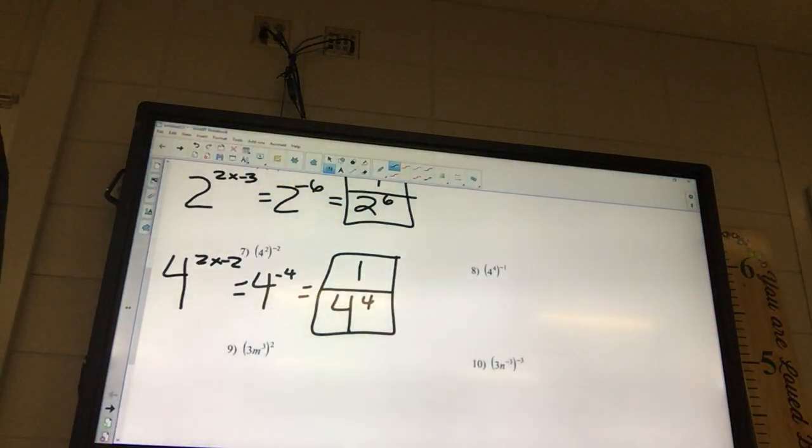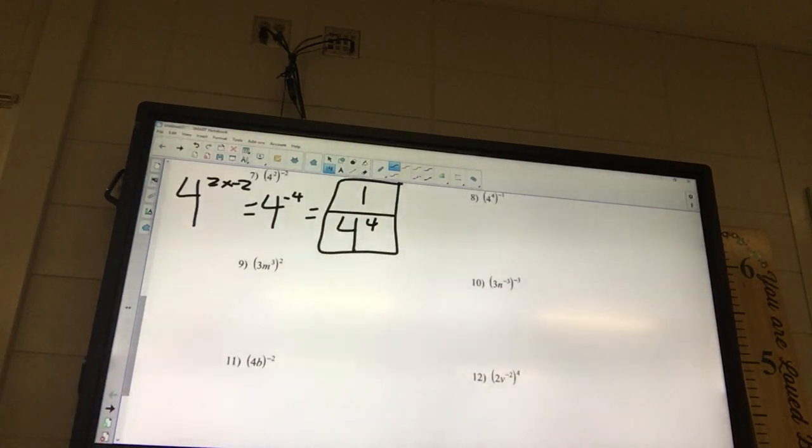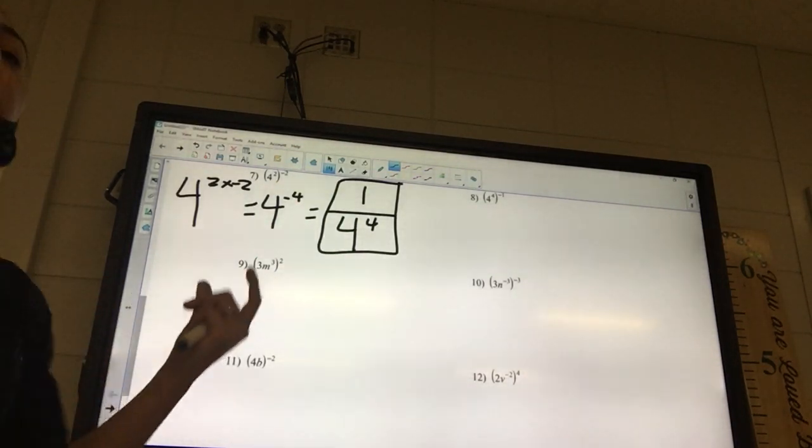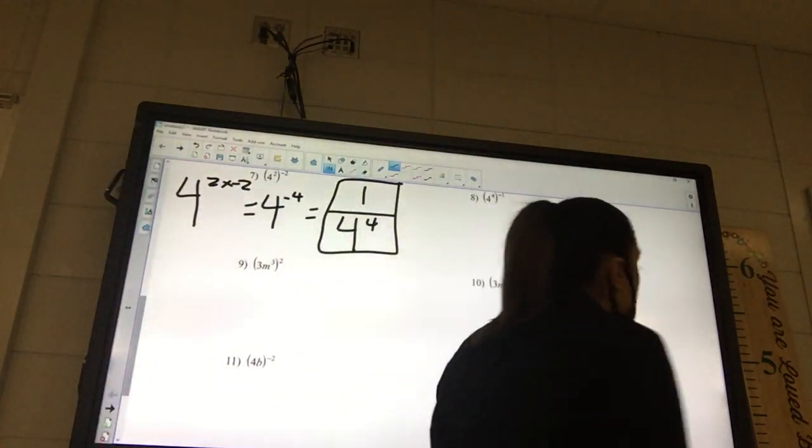Okay, 9. Now we start running into letters. This is where it gets a little trickier. When we do the number part, I'm going to write it out slowly and then I'll explain.